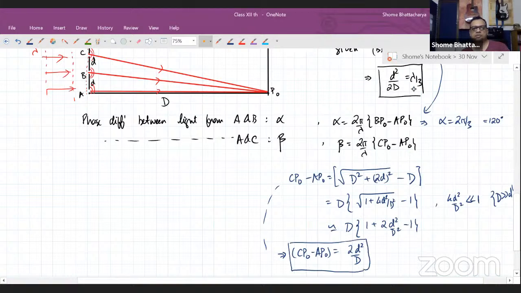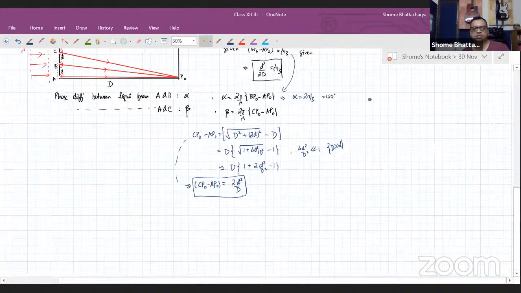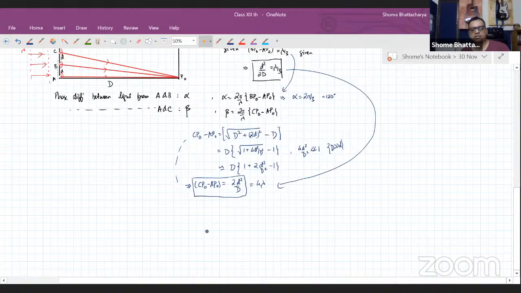So now you substitute the information that we have above. So this is becoming 4 times lambda by 3. That means beta, which is 2 pi by lambda times this, is equal to 8 pi by 3.